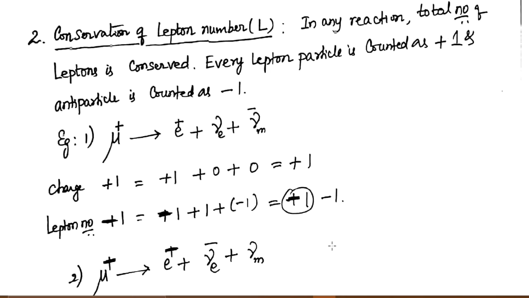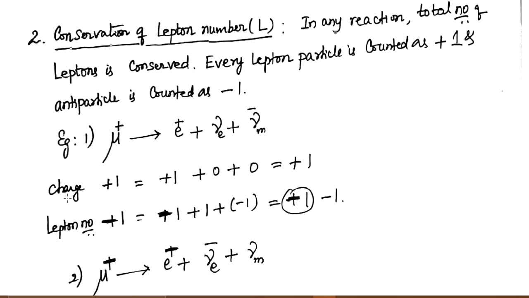So look at one or two examples here. You come to this first example: mu plus, an elementary particle, changes to e plus, that is positron, nu e, neutrino due to electron, plus nu mu complement.